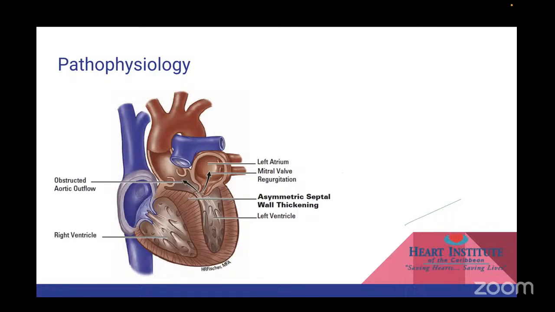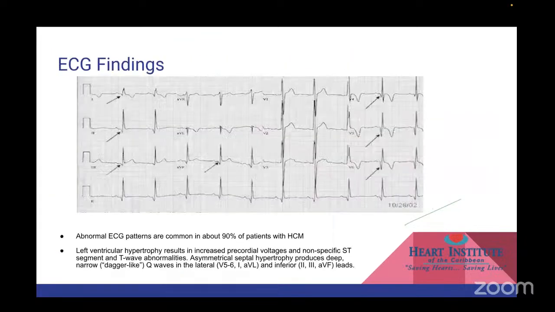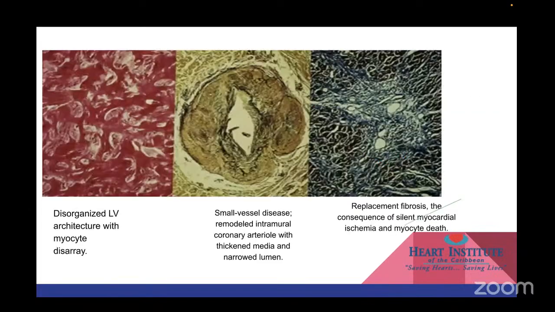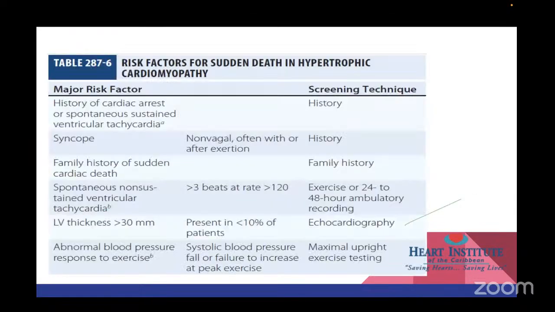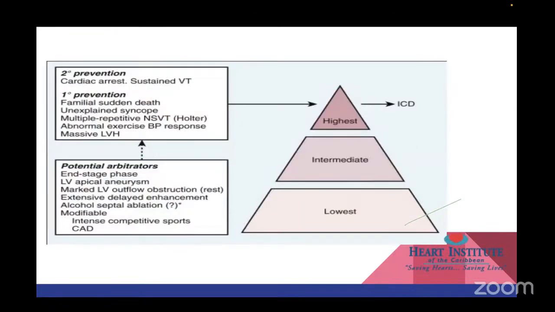Then abnormal response to exercise testing, which Dr. Ola has spoken about. Then we have arrhythmia, non-sustained ventricular tachycardia on a 24-hour Holter recording, which is highly correlated with sudden death. And then the first one, history of sudden death in a first-degree relative.